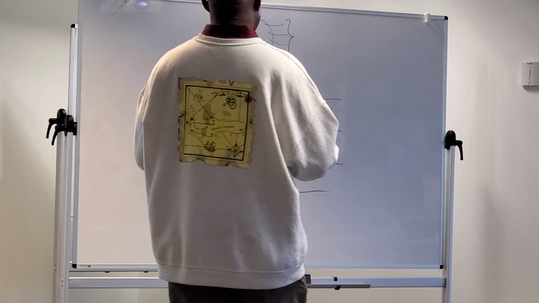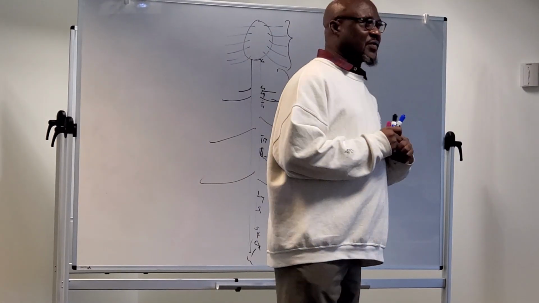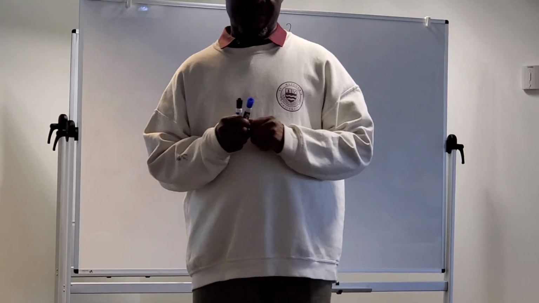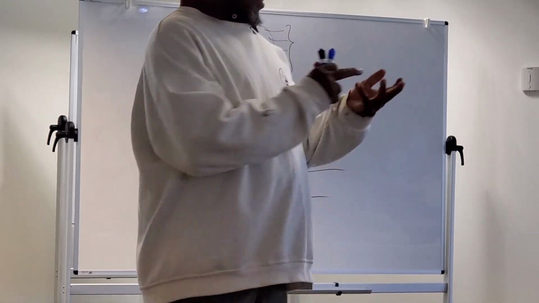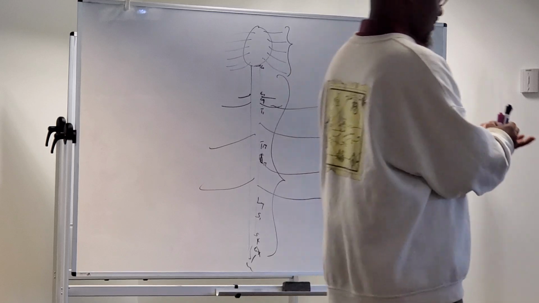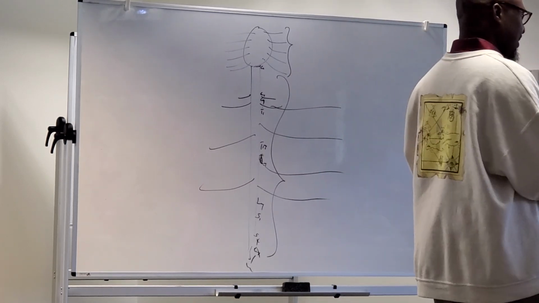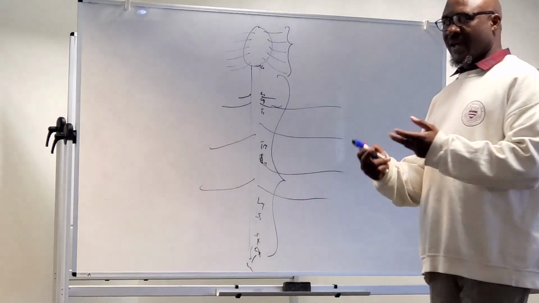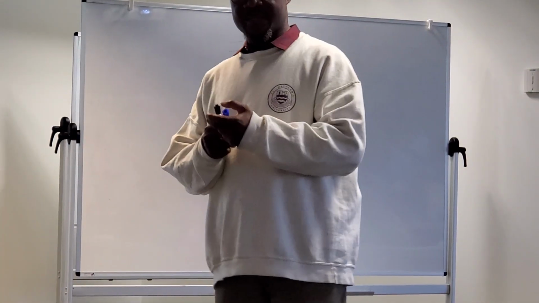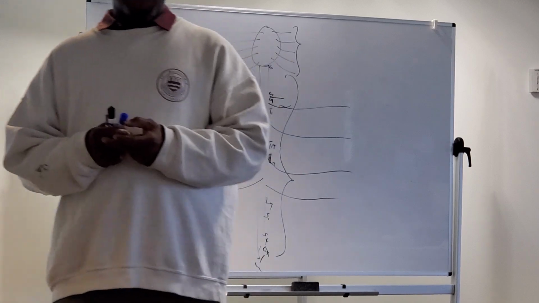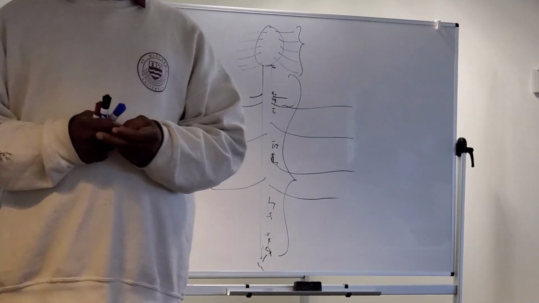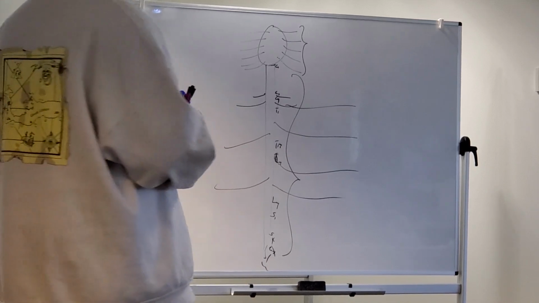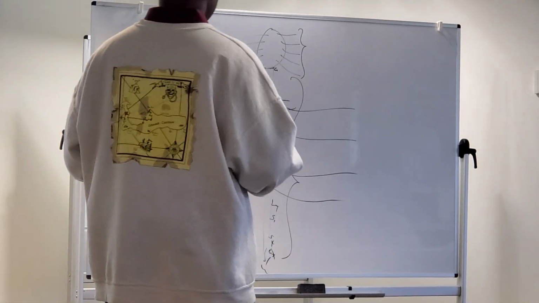What two major structures of the head region do you think will have that sympathetic innervation? Eyes, good. Salivary gland, good. Basically the salivary gland and the eyes, and then, what's it called now?